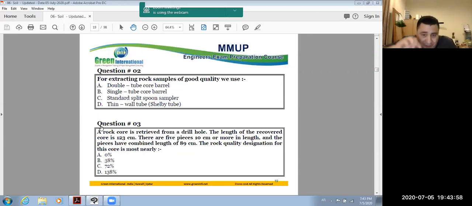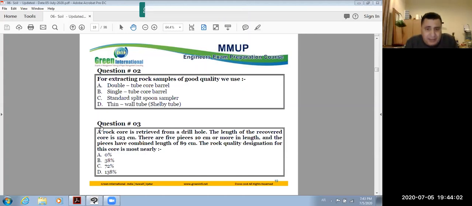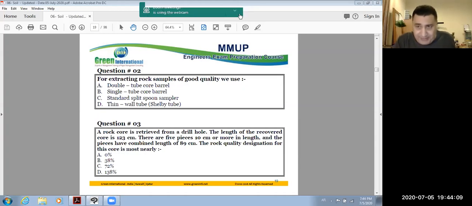There are 5 pieces in this length that are 10 centimeter or more in length.